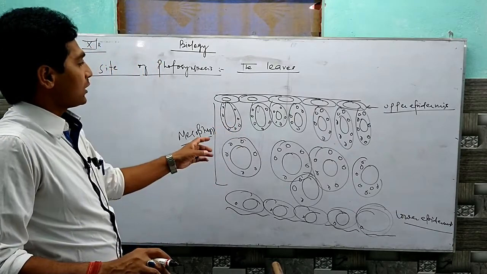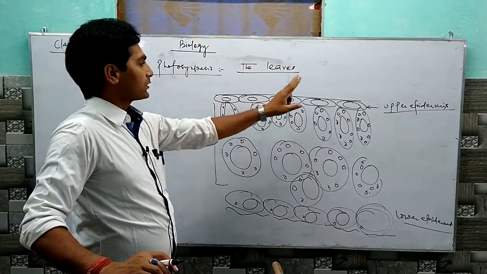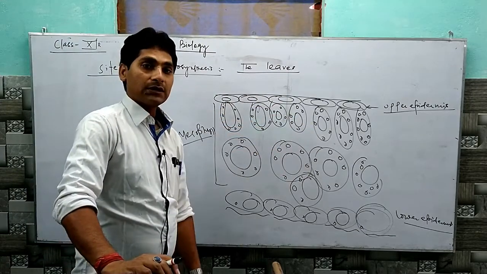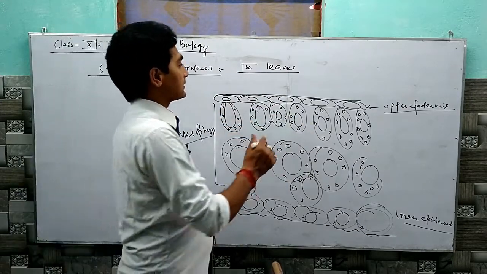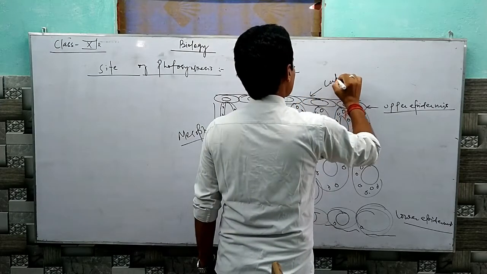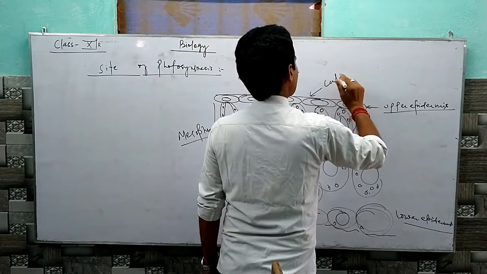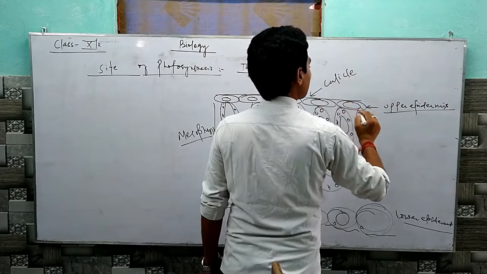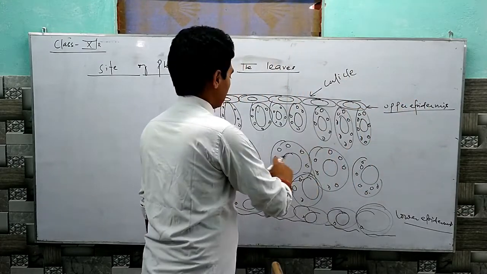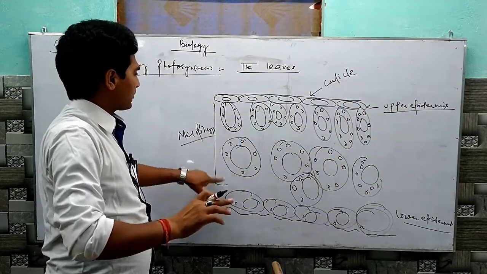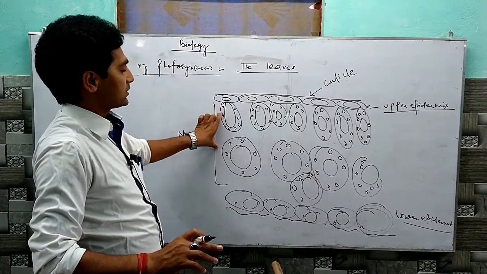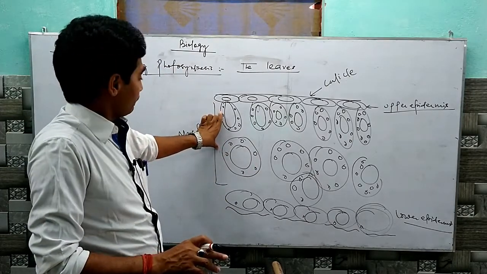We should know about the functions of the three different layers of the leaf. This is the cuticle. This is the upper epidermis. Between the upper epidermis and lower epidermis there is the region of the mesophyll layer.